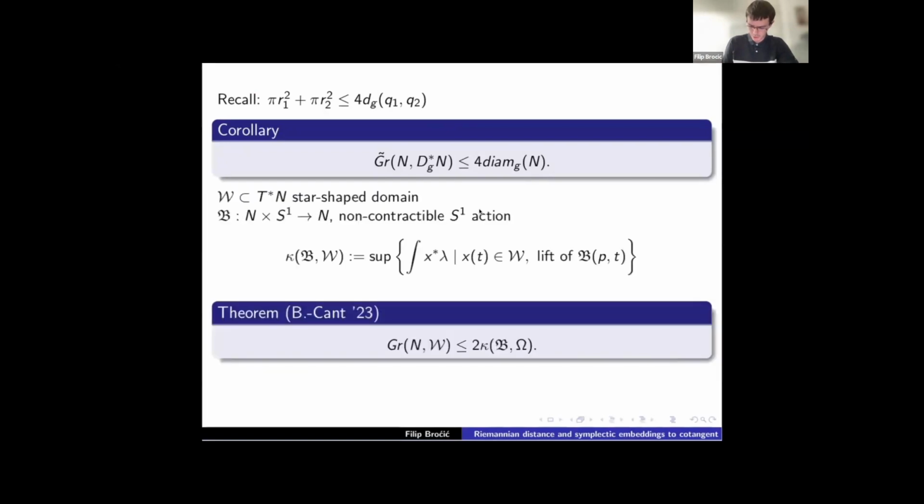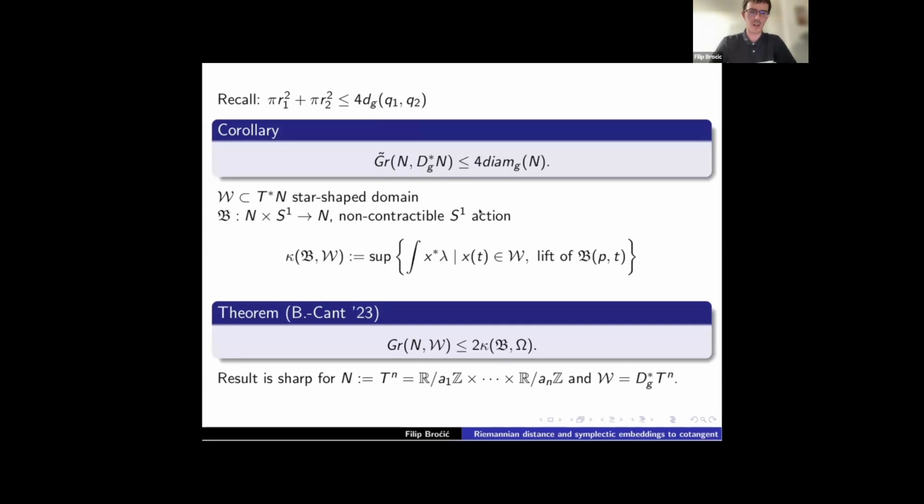And I would also like to advertise a work which I did with Dylan Kent, but this was using different techniques. And actually, we did not have this condition on the imaginary part. So we really bounded the relative Gromov width by some quantity which is presented here.